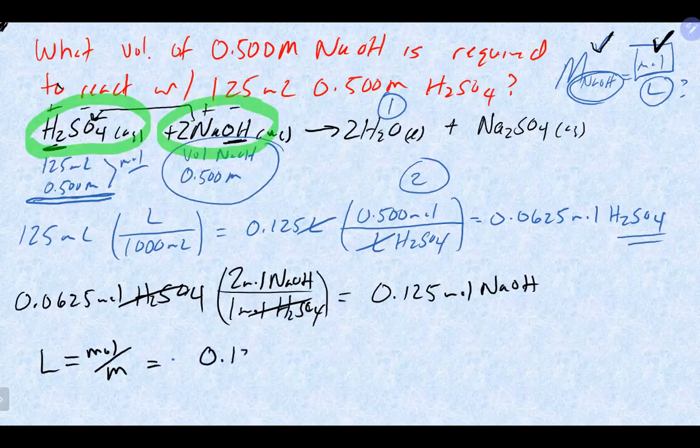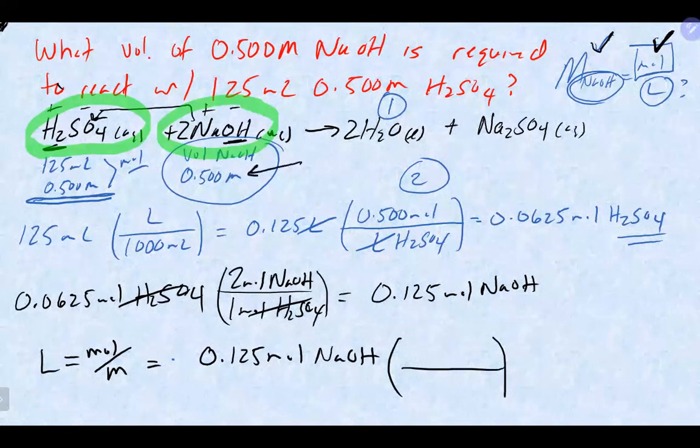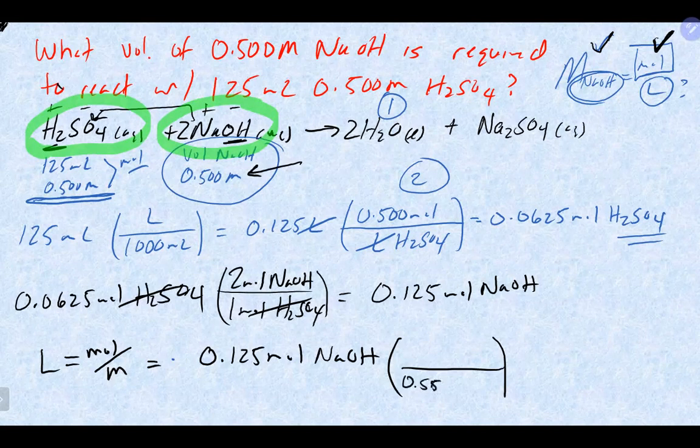Taking our moles in a dimensional analysis approach, using the molarity of the sodium hydroxide that was given to us, would be 0.5 moles on the bottom, liter on top.